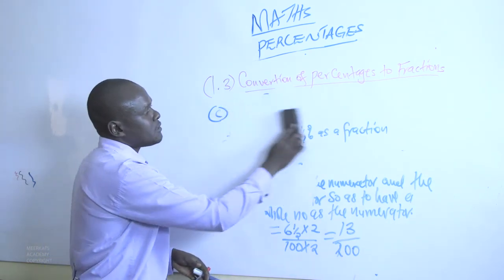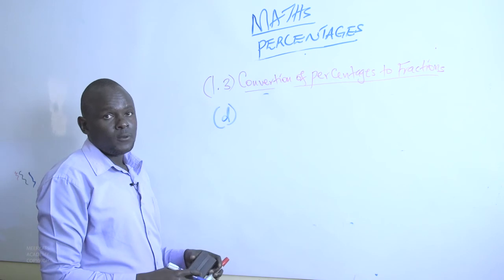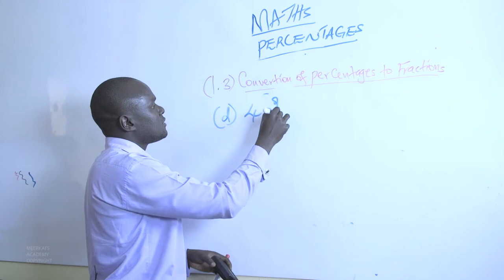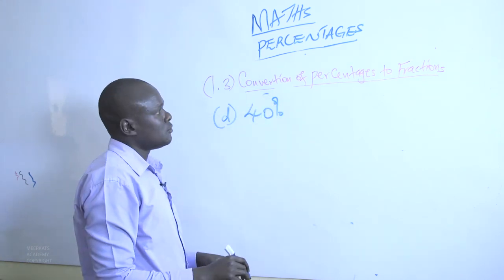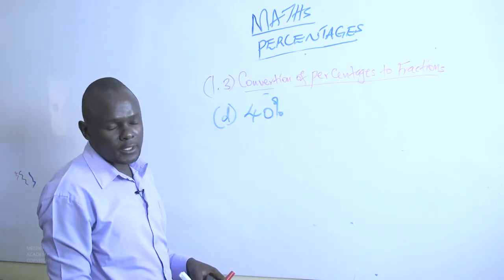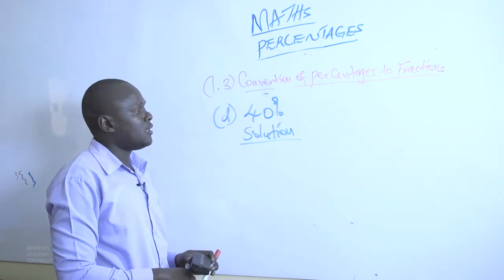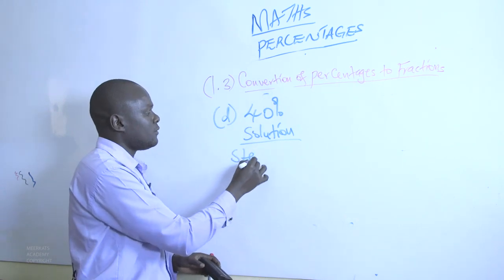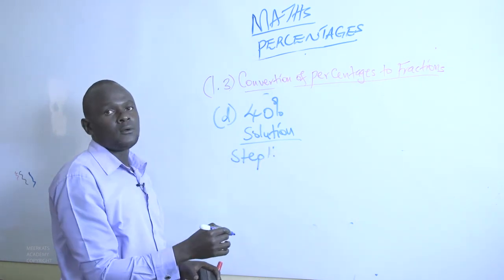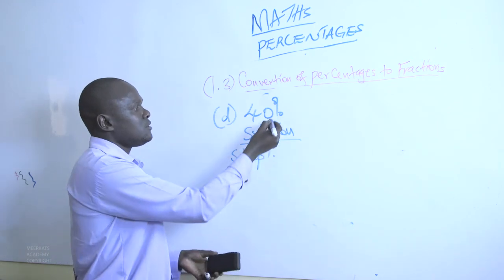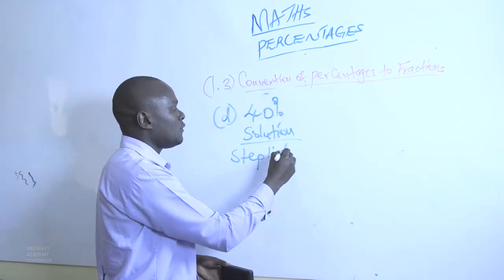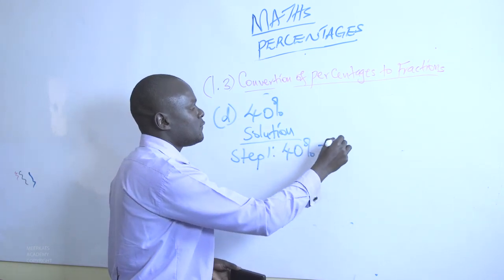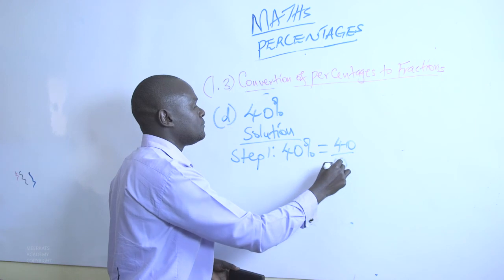We can look at another example, which is our last example, that is converting 40% to a fraction. And as usual, the steps that we have learned should be applied here. Step number 1, we write this percentage as a fraction. 40% will be the same as 40 out of 100.